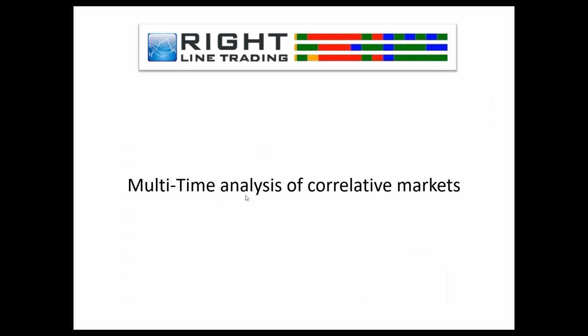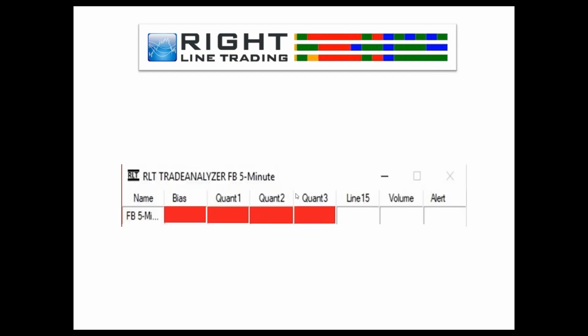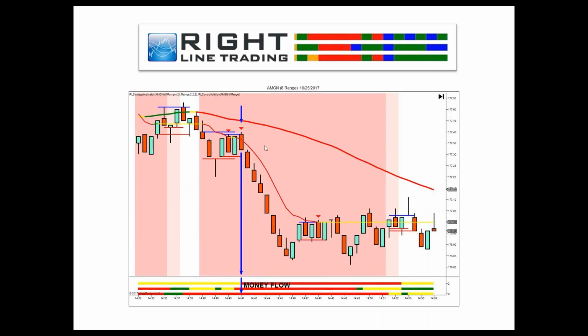Now we're going to look at the multi-time frame analysis of correlative markets. And this is what shows you the direction of money flow. When that occurs, 3 more lines go red, or they're going to be all green, or they're going to be all mixed up, in which case you're never going to get a signal.